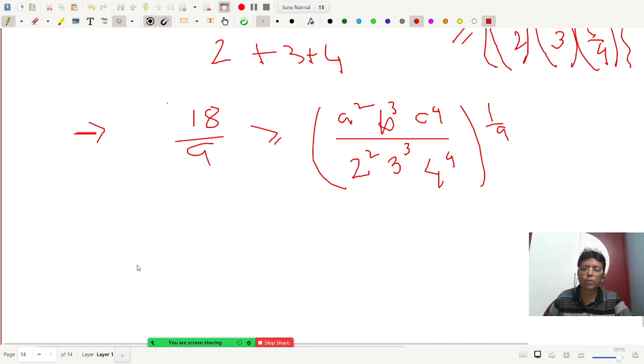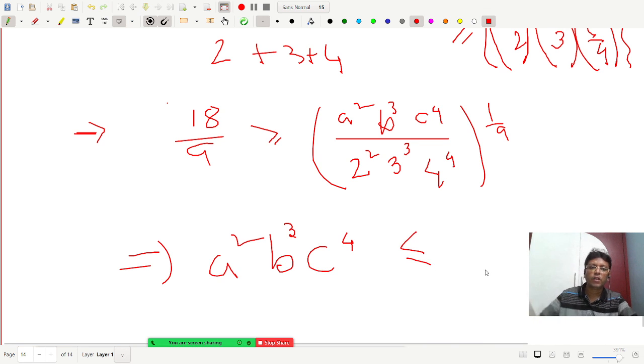So it's 2 to the power 9. You can write a squared b cubed c to the power 4 to simplify. So let's take that side: 2 to the power 9 into 2 squared, 3 cubed, into 4 to the power 4.